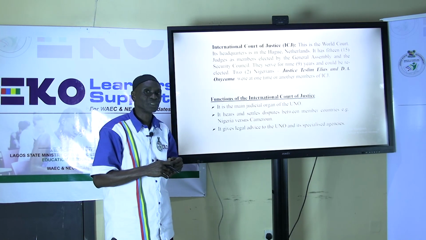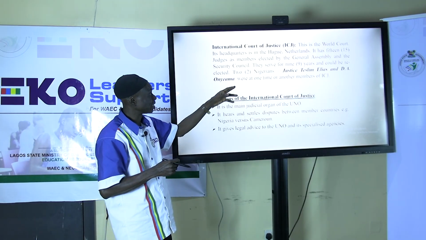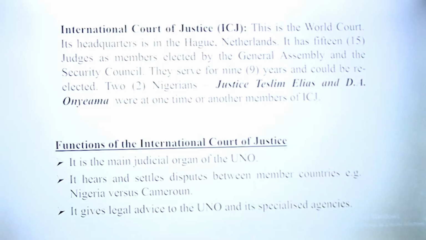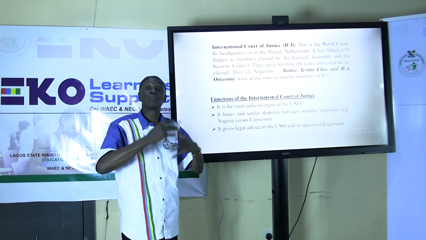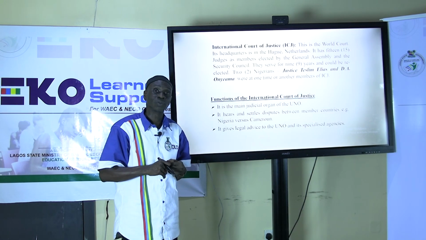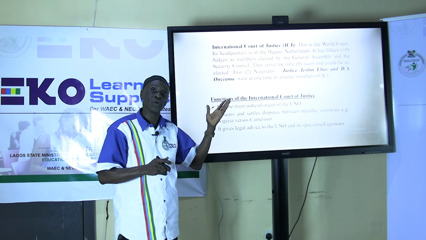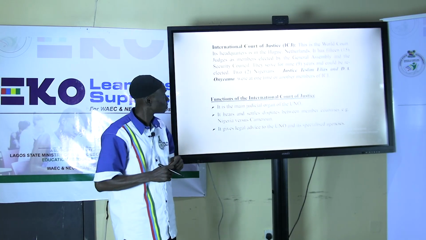As a matter of note, historically, two Nigerians, Justice Teslim Elias and D.A. Onyama, were at one time or another members of this organ, the ICJ. Thanks that Nigerians have been found in good places all over the world, and UNO is not an exception.